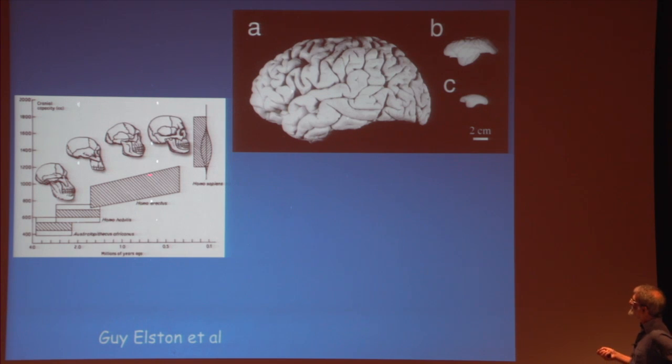But it's a very indirect measure. Luckily, there is Elston, who has more directly measured cortical connectivity in terms of the number of spines on pyramidal cells of different species.